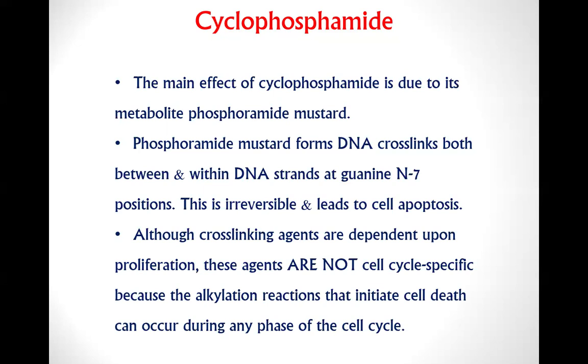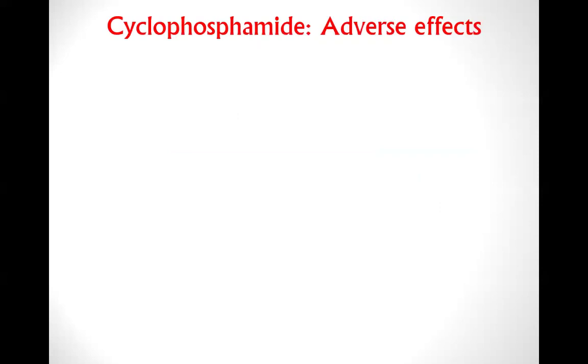Once again, the same statement: although cross-linking agents are dependent upon proliferation, these agents are not cell cycle specific because the alkylation reactions that initiate cell death can occur during any phase of the cycle. The same statement which I made in the previous. Okay. Adverse effects, you remember?